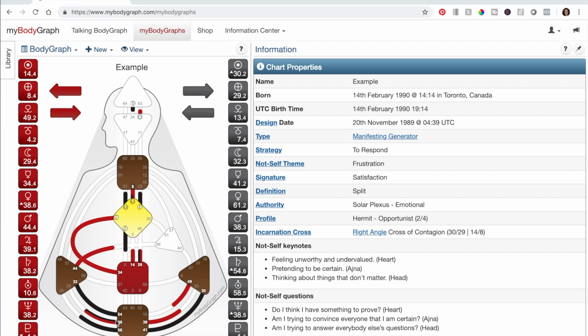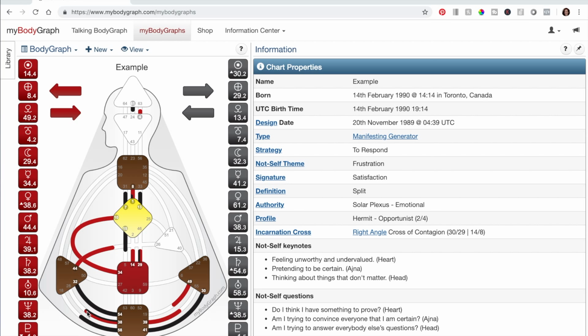And something that's really interesting about the hanging gate, so that's this half filled in one, is that this is where sparks fly literally between you and other people. Because when it comes to the quantum physics energetic side of human design, someone that has the other half of a hanging gate, you're going to actually connect to like a magnet.